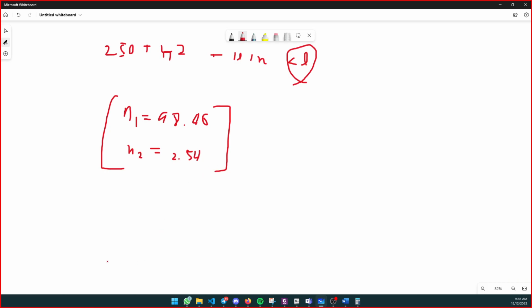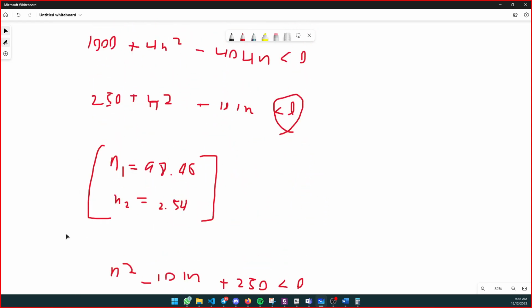Okay, so that means that when I say n squared minus 101n plus 250 is less than 0, n is between 2.54 and 98.46. So the largest integer, the largest value, because they want the largest possible value of n, right?